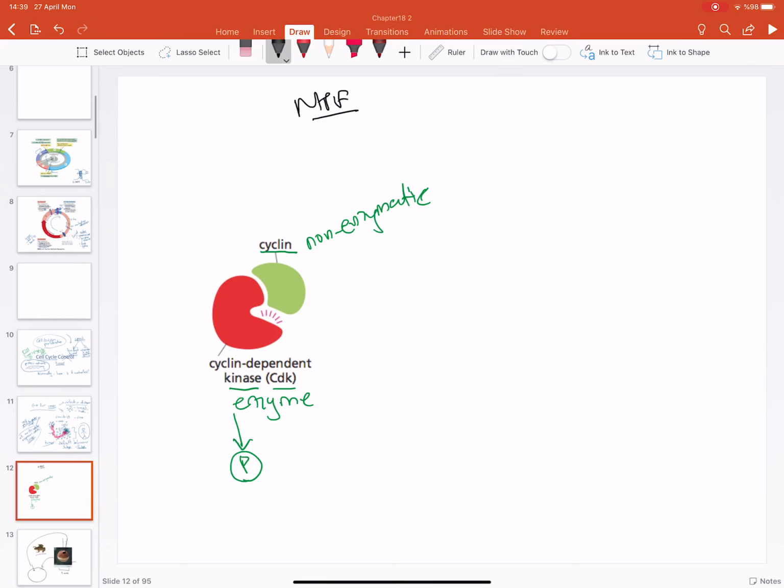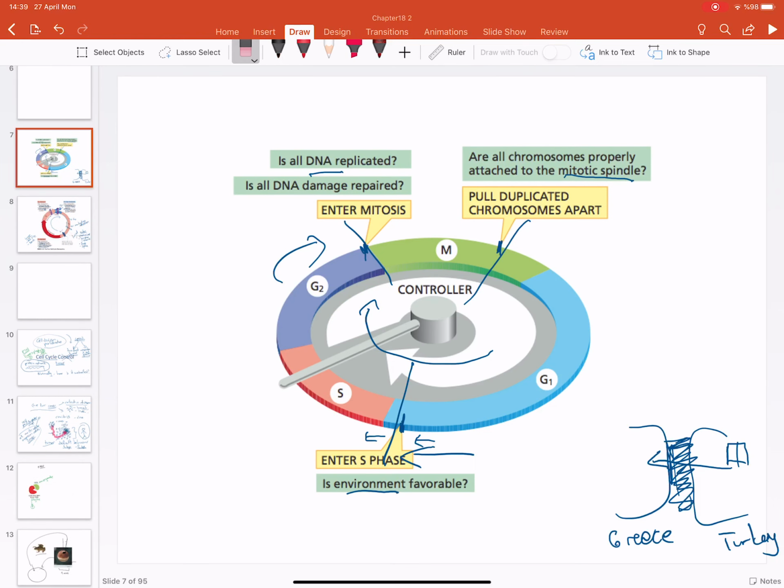This is the molecule which has the visa for the passage from here to here. Okay, because in your passport you must have a visa. This cyclin CDK complex, which is also called MPF, is the visa which pushes the cell cycle from G1 to S, G2 to M, and from metaphase to anaphase. And everything else, they are just trying to stop the cell cycle from happening.